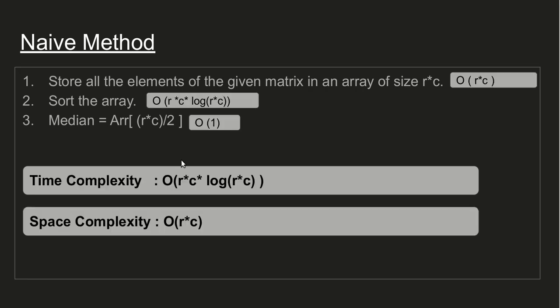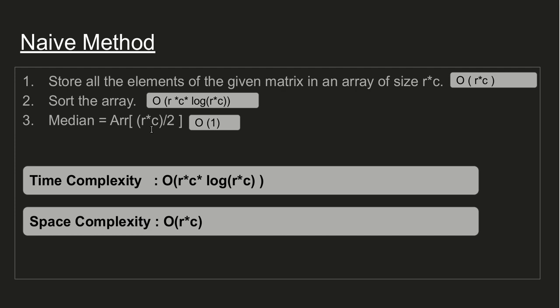The time complexity for this method would be: the first step takes big O of R cross C time, then the next step to sort the array would take big O of R cross C into log of R cross C time, because the array size is R cross C, and finding the median is just big O of 1 time, that is accessing the R cross C by 2 index element of the array.